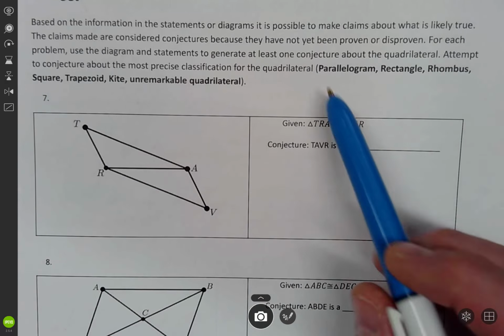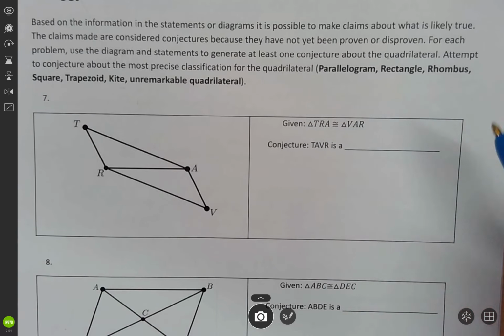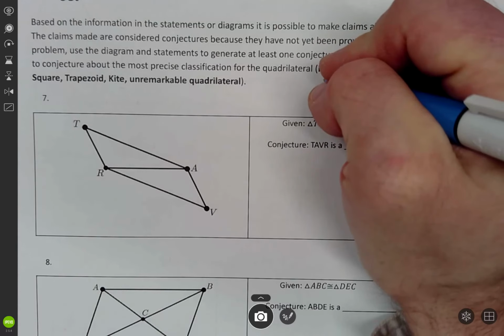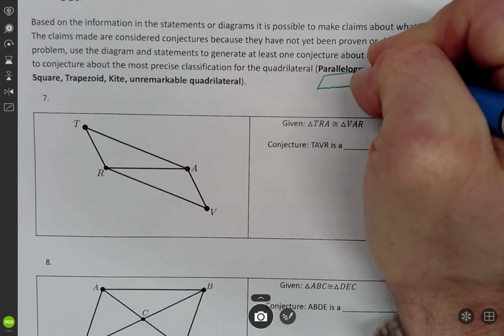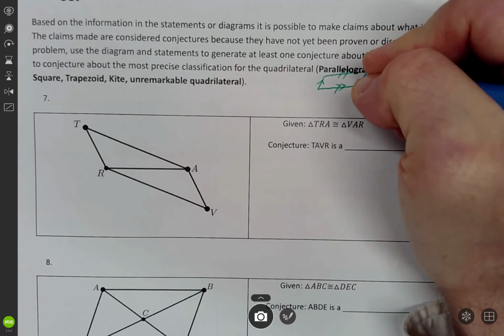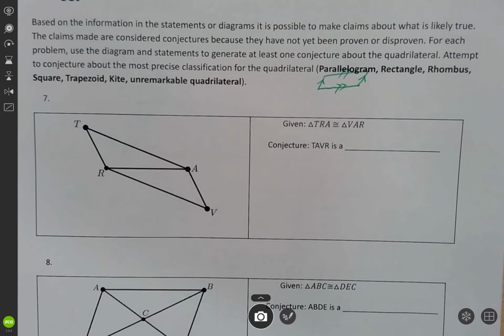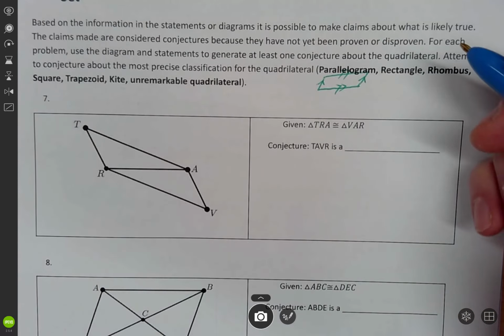Now, in order to name these, it'd be helpful to remember the defining feature of a parallelogram, rectangle, rhombus. So if you've forgotten, let's just do a quick review. Parallelograms are quadrilaterals where the opposite sides are parallel to each other. They will also happen to be the same length, but the big deal about being a parallelogram is that the opposite sides are parallel.